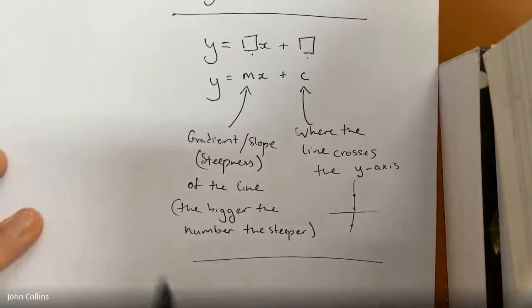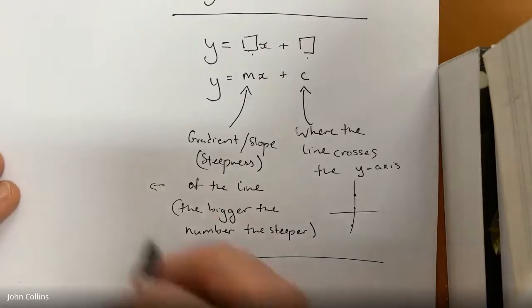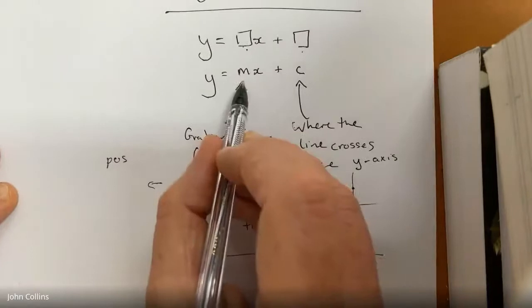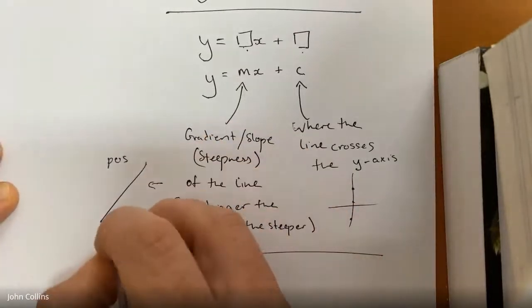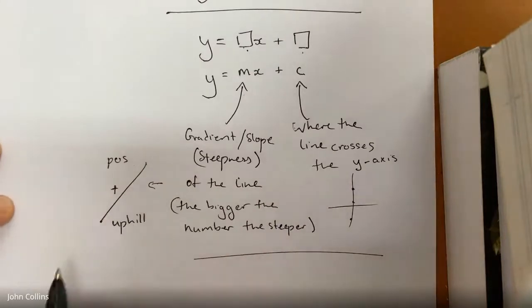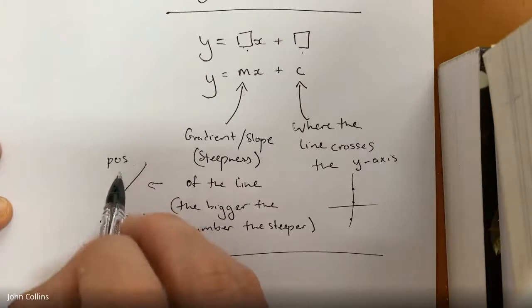Now, what I will note to the side here, and you may remember that from our Desmos work, if m is a positive number, it goes uphill. If it's a positive slope, it goes uphill. Now, +2 went that way, +3 went that way, etc. And +100 was almost vertical.